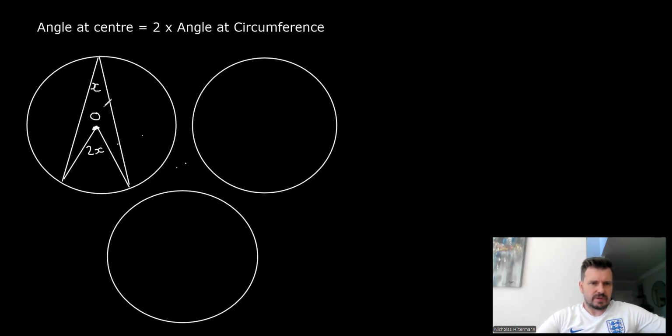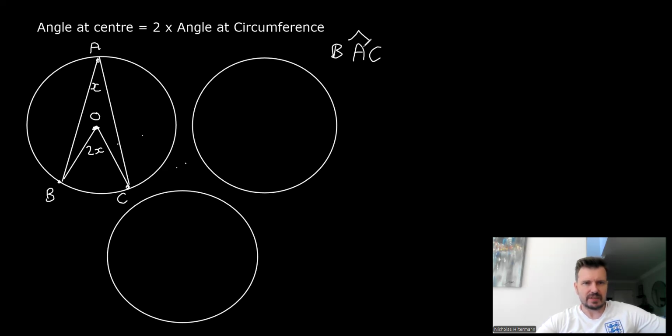So how we would say it is, if we had these points A, B, and C, then we would say, if we were looking at A, we could either call it A or we could call it BAC.